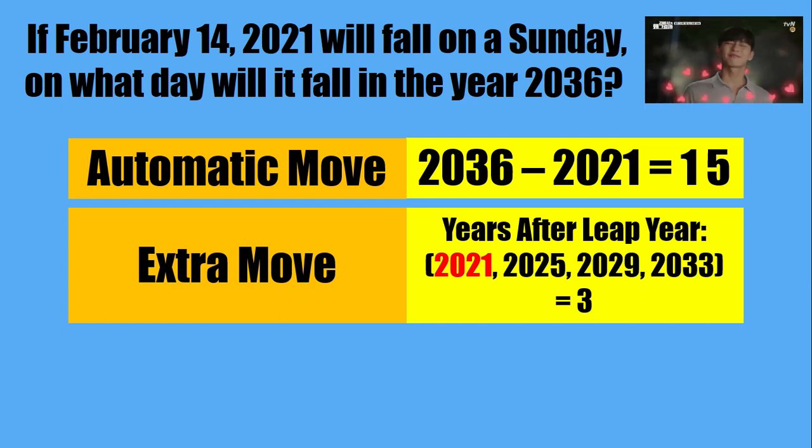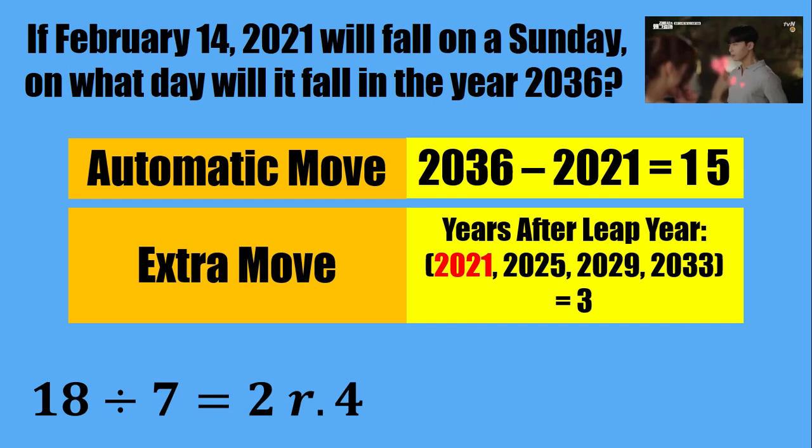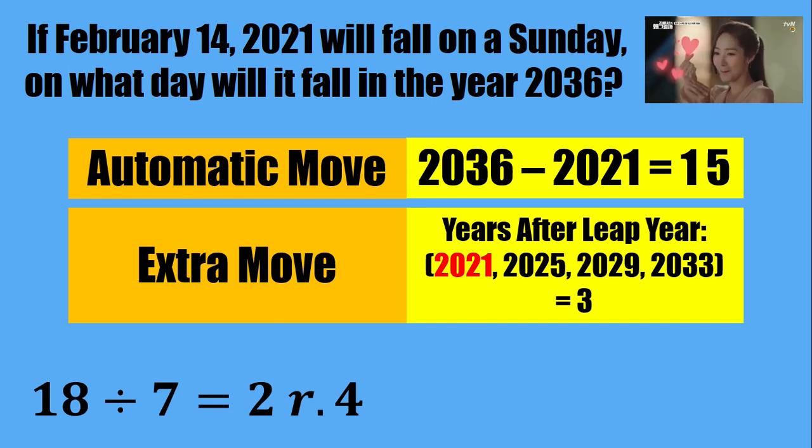So let's add the automatic moves and extra moves. 15 plus 3, that is 18. Then let's apply the modular arithmetic here. 18 divided by 7 will be 2 remainder 4. Since we have the remainder 4, we need to add 4 days from Sunday.